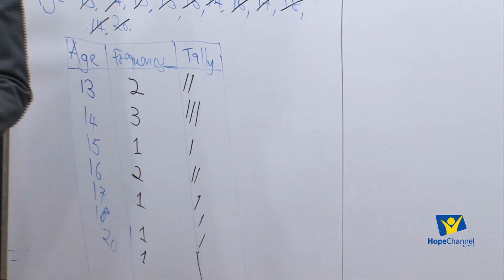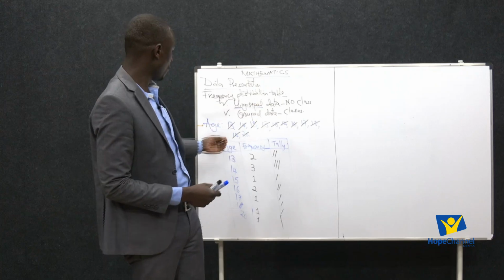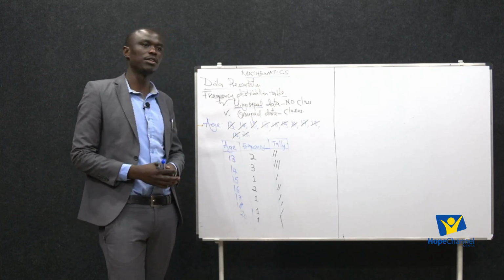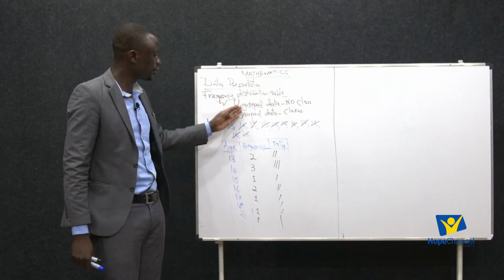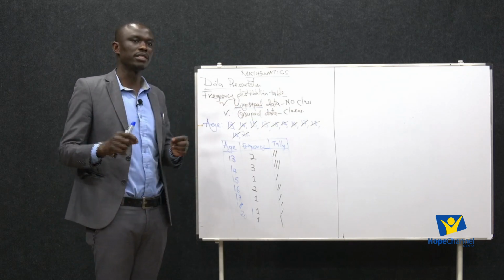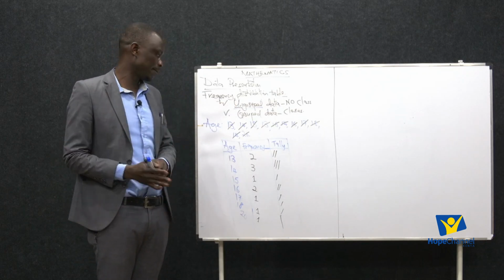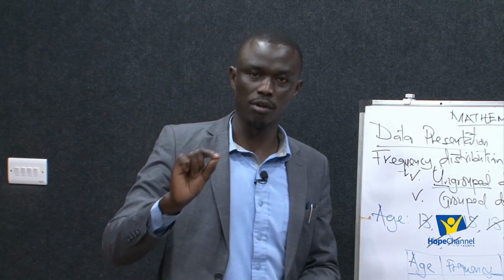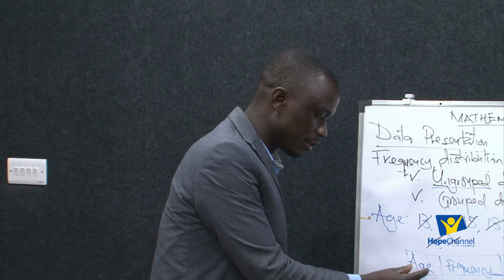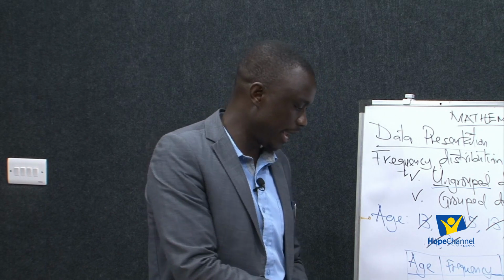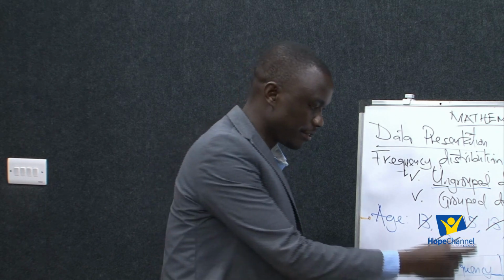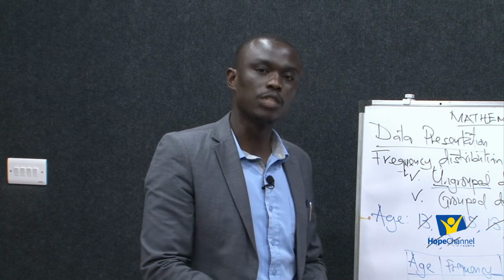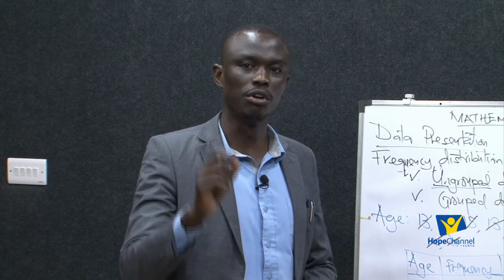A frequency distribution table of a data which is not grouped. So once you have filled the column of the age or the data itself, the frequency and the tally, there is one more thing that you should not forget.